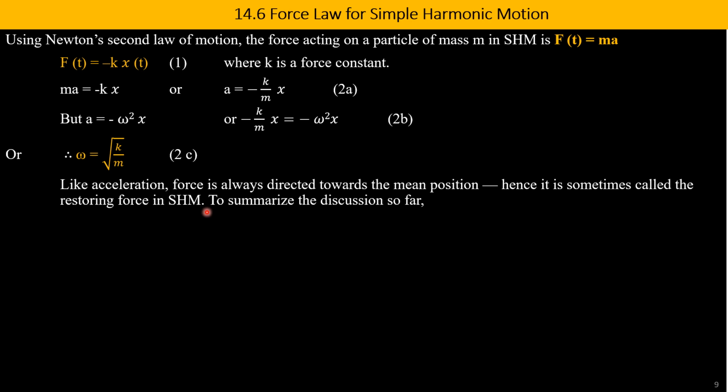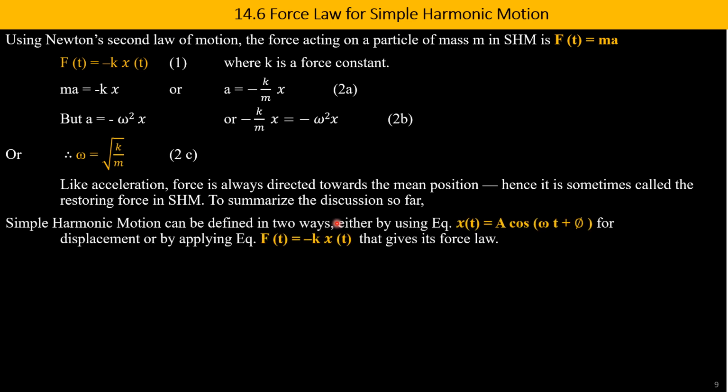To summarize the discussions so far, simple harmonic motion can be defined in two ways. Either by using the equation x of t is equal to a cos omega t plus phi. That is, the displacement is equal to amplitude into cosine of the argument omega t plus phi, or by applying force is equal to minus k x of t, that is equation 1 above, which gives its force law.